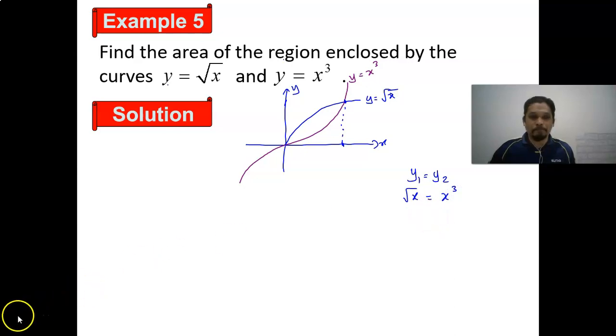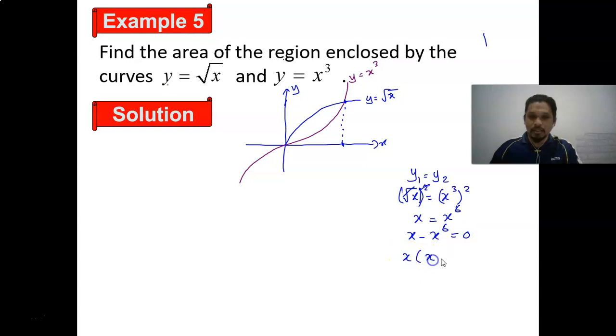Okay, so we square both left and right. So then x equal to x to the power of 6. So x minus x to the power of 6 equal to 0.